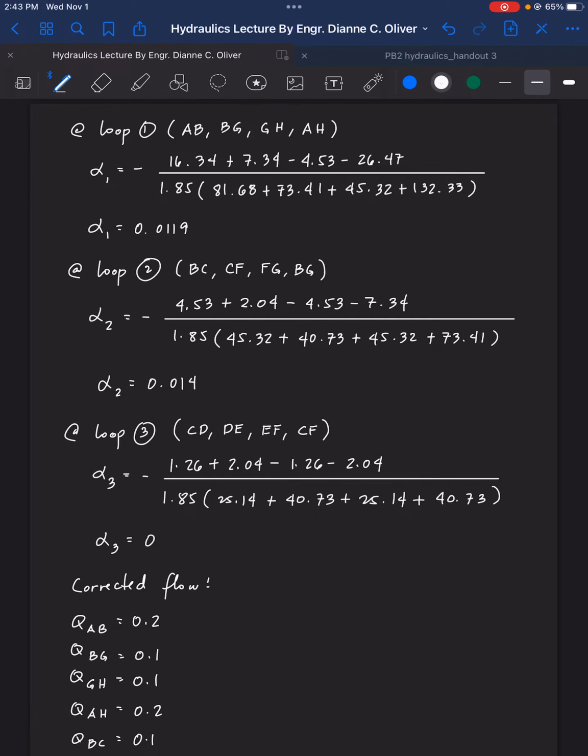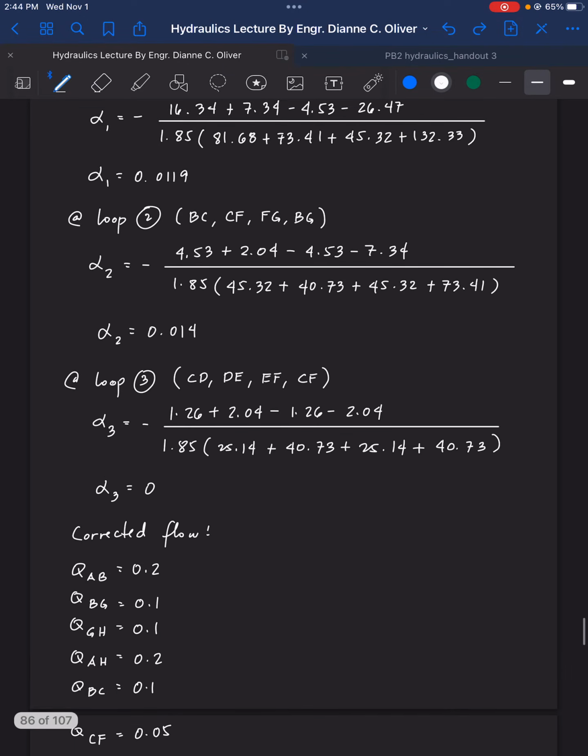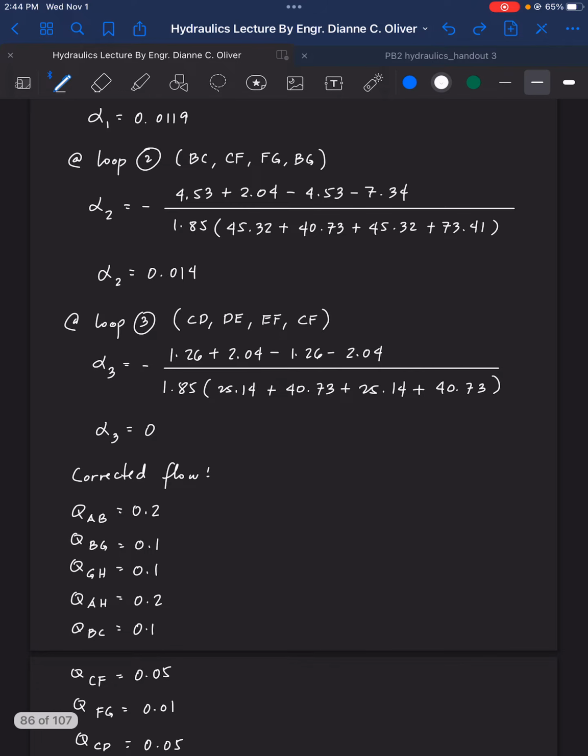Now for the corrected flow, let's look for the correction in loop number 1. All pipes for loop number 1 are AB, BG, GH, and AH. For AB, as we have seen a while ago, the flow there is positive because it is clockwise, so plus 0.0119. For BG, we also have BG in loop number 2.